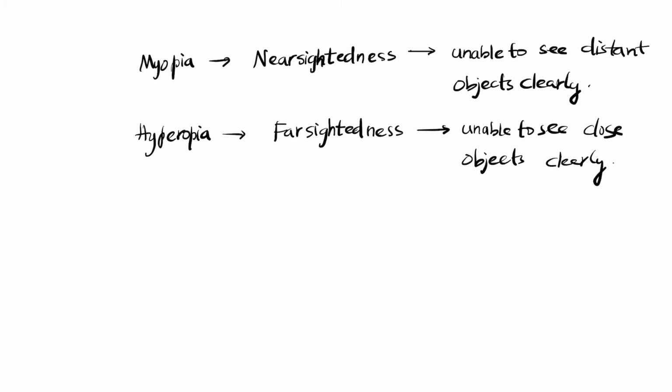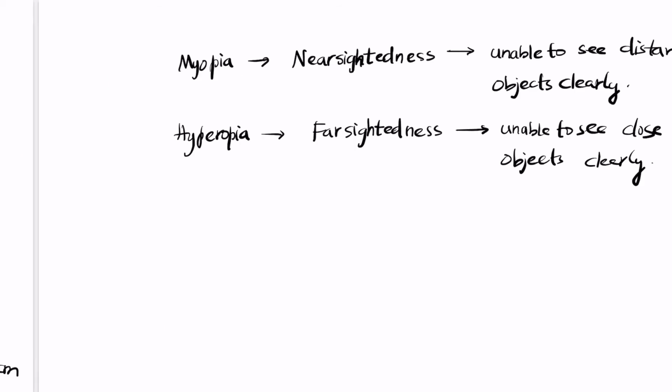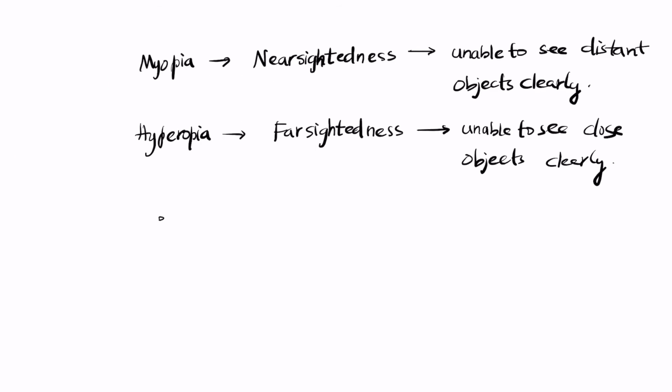So what do you do when you have hyperopia or myopia? There are generally two ways. Notice I told you about the strength and weakness of the lens, and the length of the eye. There are two things that generally cause these imperfections.